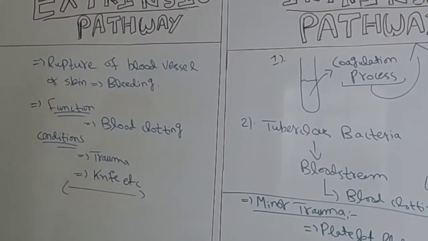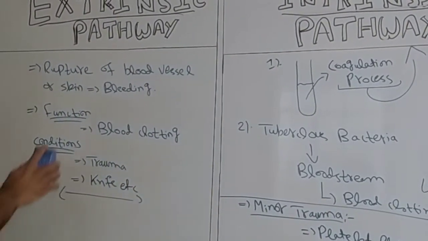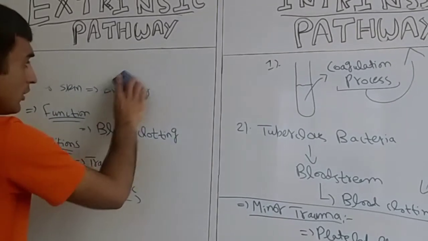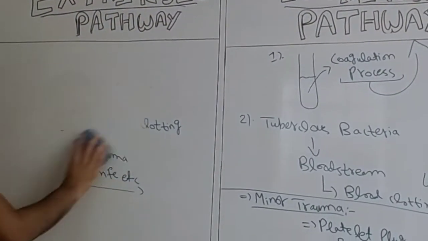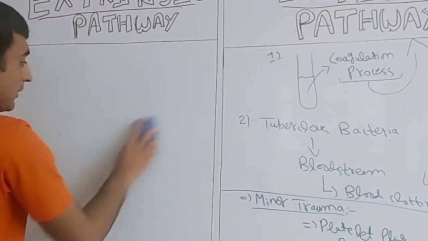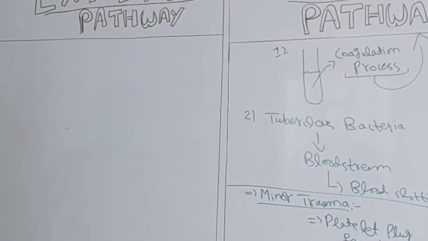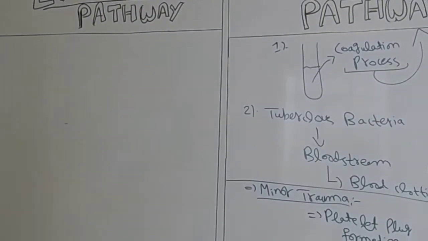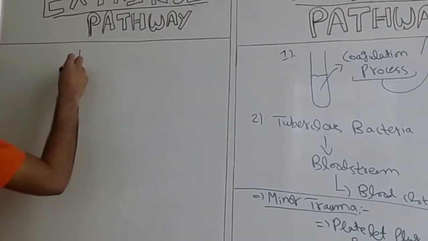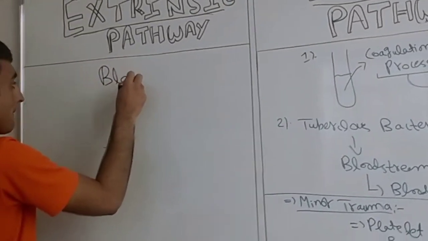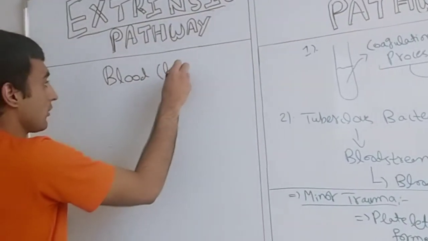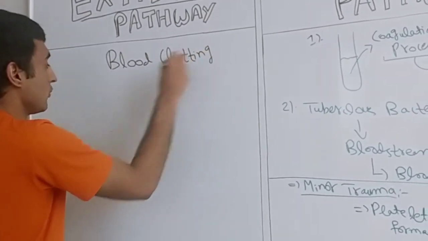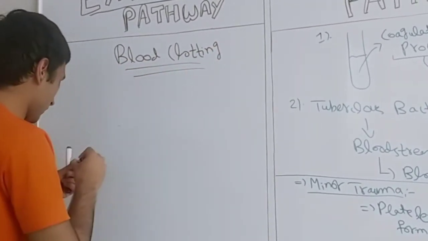Now at the last, I will demonstrate the 4 steps which participate in the blood clotting process. The blood clotting process occurs through the following 4 mechanisms.